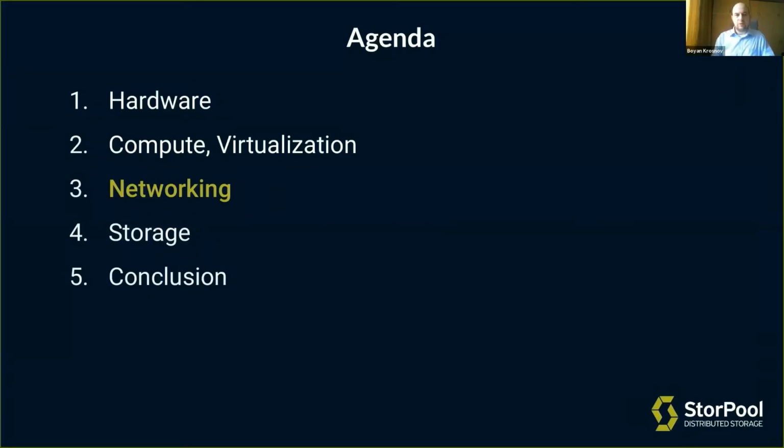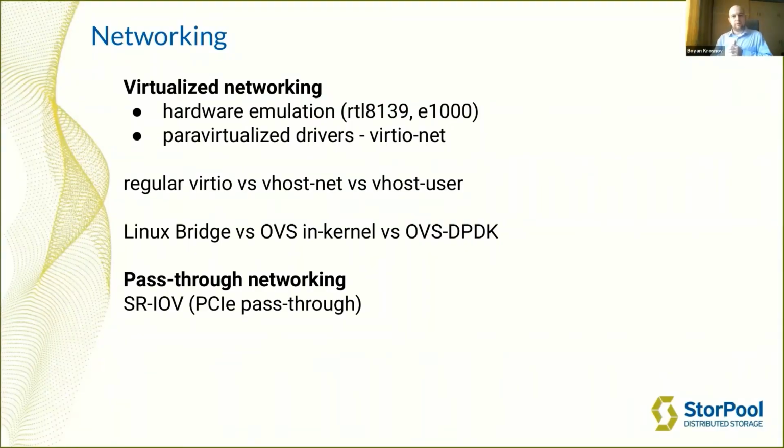Our next section of the presentation is about networking. So in networking, again, you have 2 different approaches. You'll notice it's a recurring theme in this presentation. There are multiple ways to do things, and they have their benefits and drawbacks.